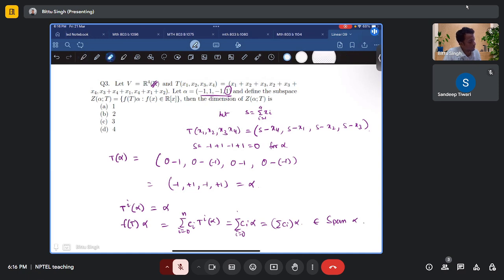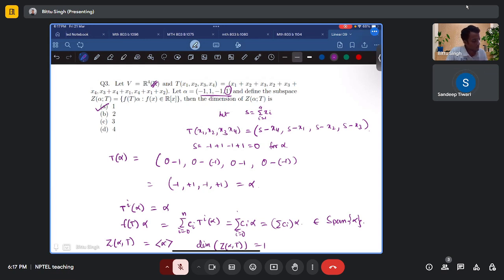The span of this singleton vector alpha. Therefore, from here it is clear that the dimension of Z(alpha; T) is the same as the dimension of the space generated by alpha, right? So the dimension of Z(alpha; T) is actually one. So this is the correct answer.